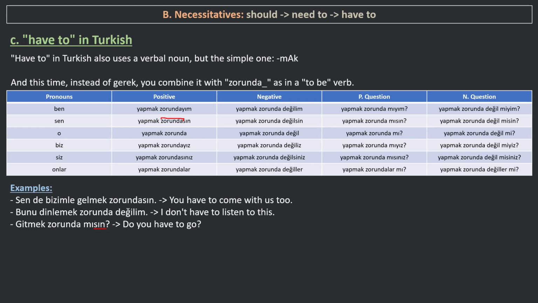Başkalarının söylediklerini. So this is an advanced sentence, so good job for this. So we don't have to do the things other people say. It's a relative clause, it's embedded, formed within a different clause. The things other people say, we don't have to do them. Başkalarının söylediklerini yapmak zorunda değiliz.